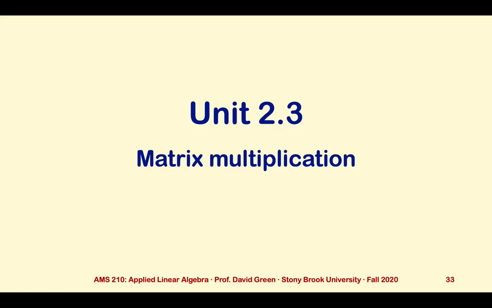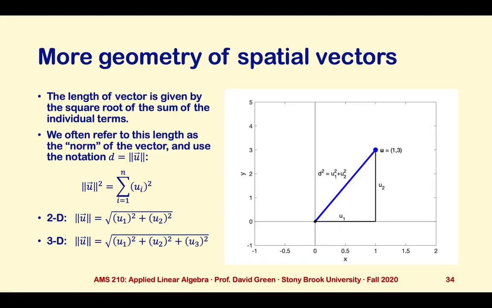And we've discussed how those two together give us the idea of linear combinations. We're now going to discuss the third operation that we can do with matrices and vectors, matrix multiplication.